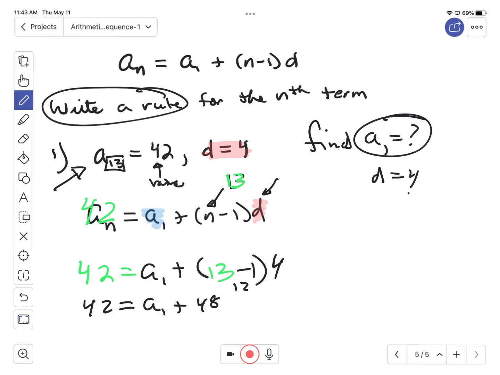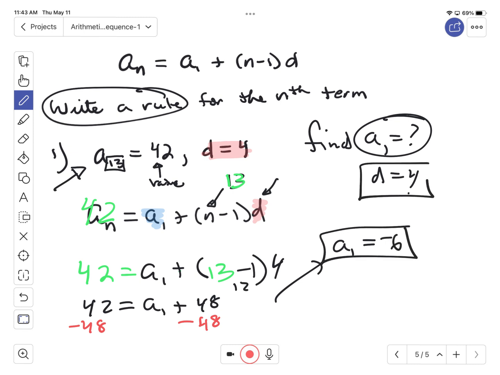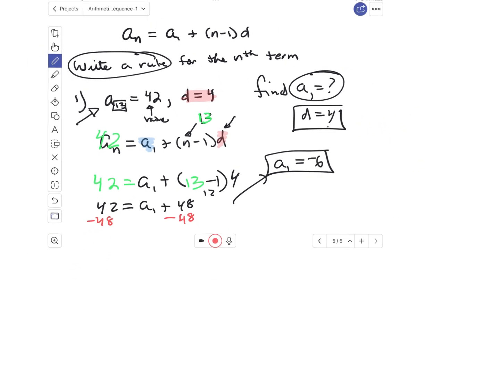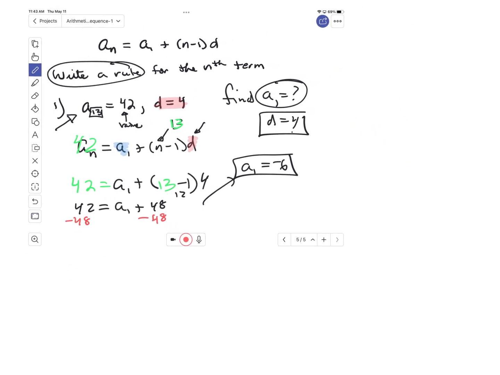And then can't I use my algebra skills? Subtract 48 from both sides. And doesn't that tell me that a sub 1 equals negative 6? So now that I have my a sub 1 of negative 6, now I can go ahead and write the rule. I can say a sub n equals, I can plug in a sub 1 as negative 6, and I know d is 4.